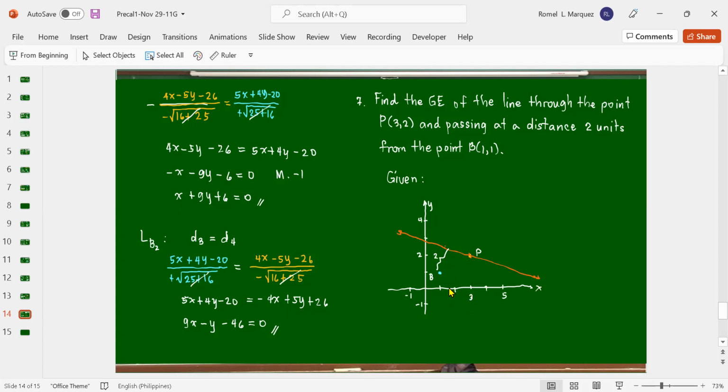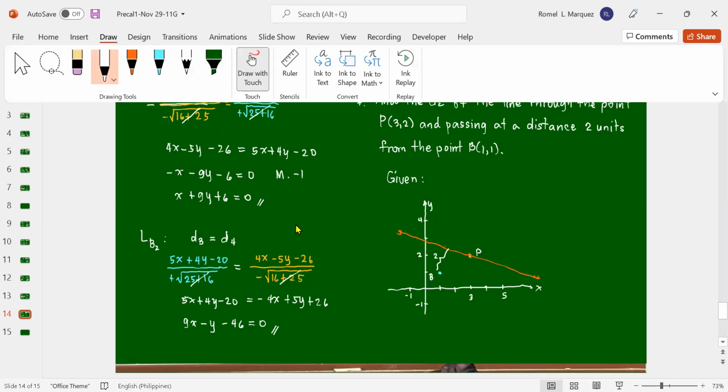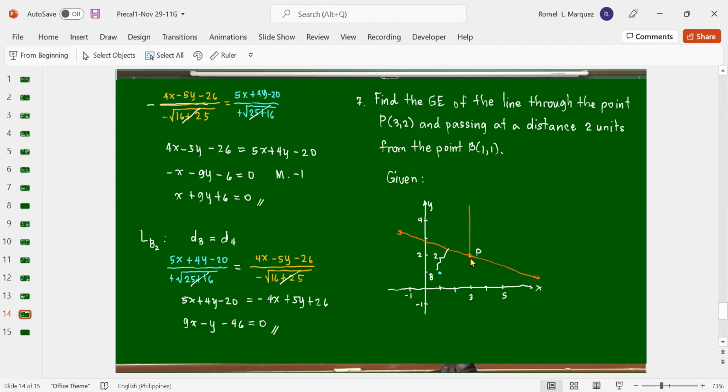And another possibility, let's see, below this, no? Something like this is possible. But I think it is vertical. Because if you're going to do it mentally, it can no longer be like this, no?